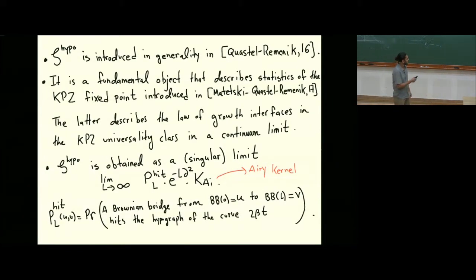But what I will say is that there is a description of this S hypo as an explicit limit of a product of three operators, one of which is the Airy kernel, which is a very explicit object. You can write down its matrix. Then there's the heat kernel at negative time, minus L. So L is very large, and you're looking at the heat kernel at negative time.